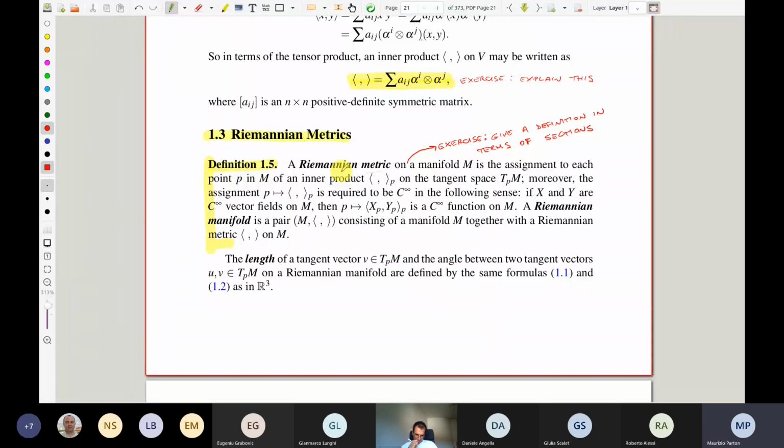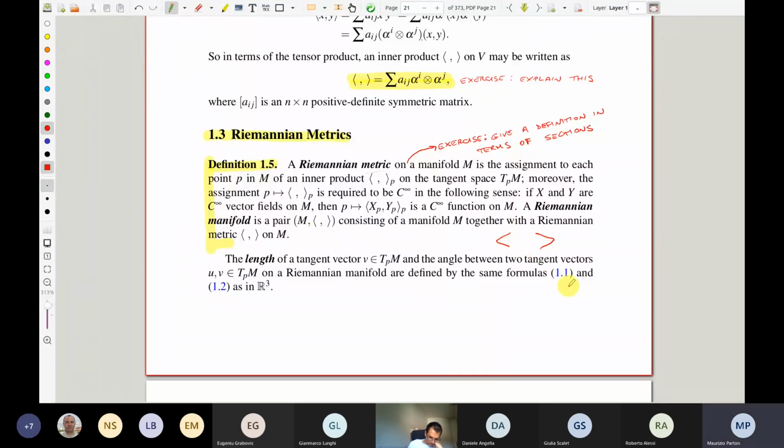Okay, so please try to get used to the fact that we are talking about a manifold that on every tangent space possesses a scalar product. This scalar product is called Riemannian metric.